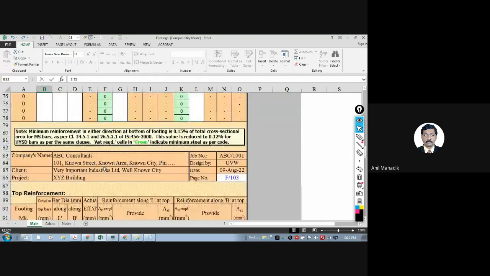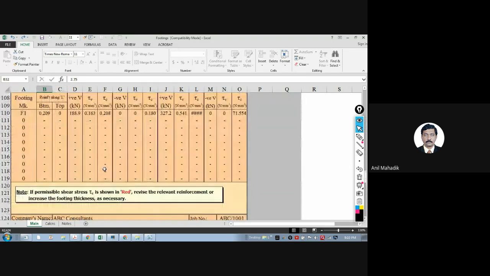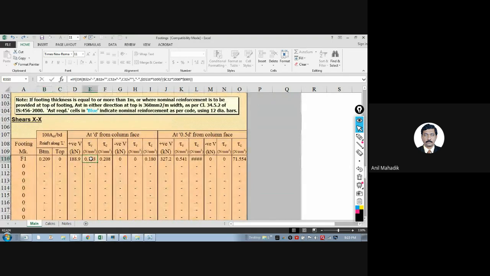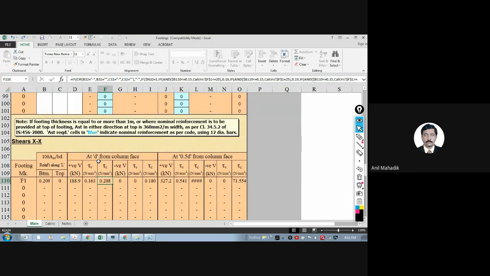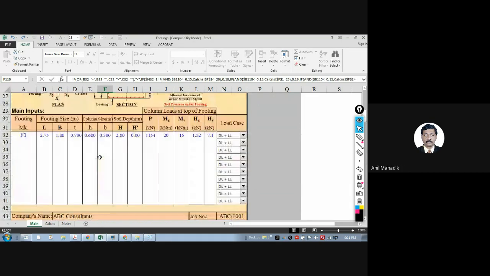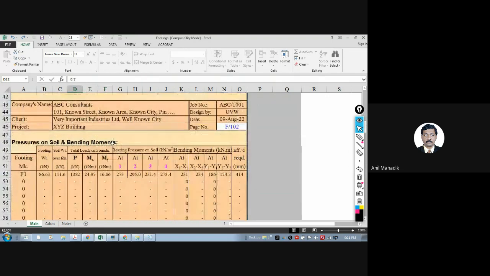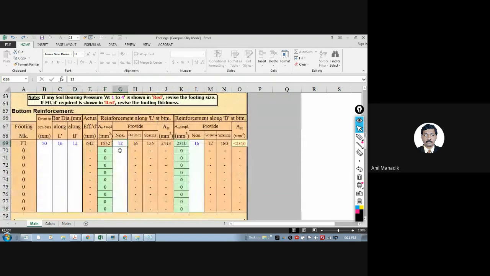Whenever you change the depth, see what you are doing: it was red here somewhere, and that's why you changed your depth, correct? Once you change your depth, change the steel again, because now steel is more. When you change the depth, the minimum AST criteria may not be satisfied.